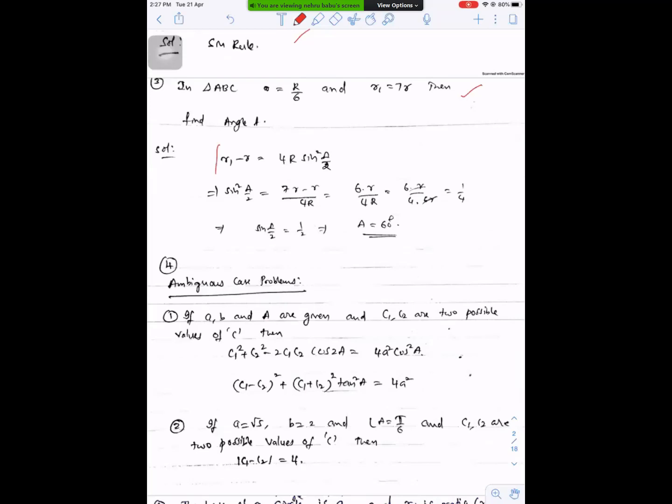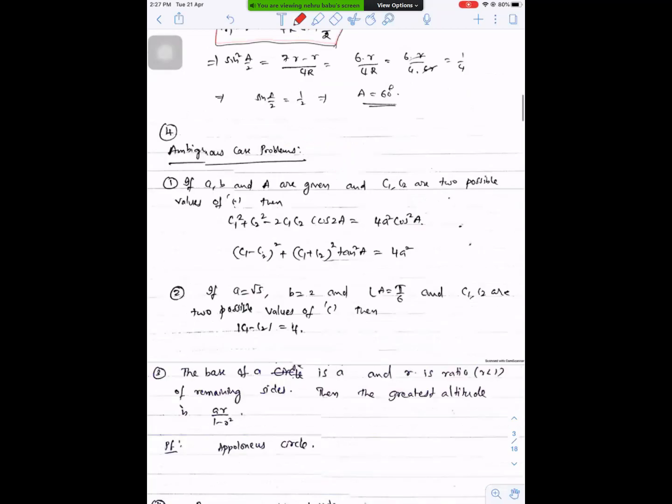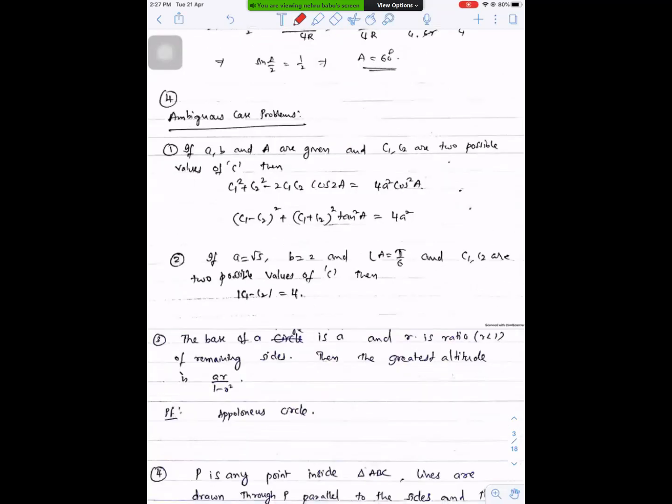If you use this formula, this type of problems are easy. As r1 is 7r, if we substitute that, 4R sine square A by 2, 6r will come, and small r by R is given. If A, B, a are given, just ambiguous case questions.